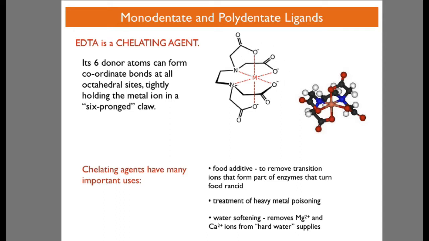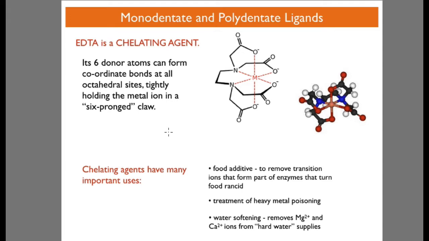And then you've got a nitrogen and oxygen underneath. Its 6 donor atoms can form coordinate bonds at all octahedral sites, and it tightly holds the metal ion in a 6-pronged claw.